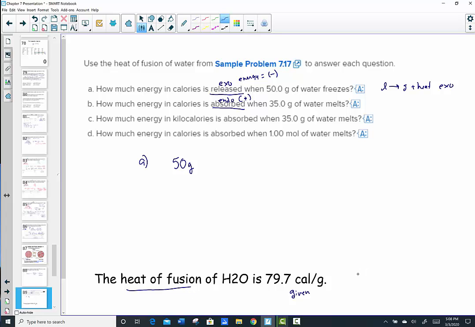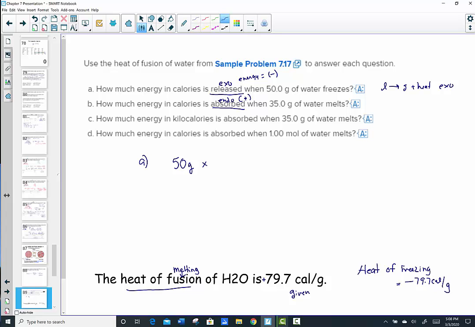So when you think about the heat, and how about if we just say of freezing, it's going to be negative 79.7 cals per gram. And think of fusion as the opposite direction, and that's when water is melting. So that would be melting. And that's when we have a positive sign there.